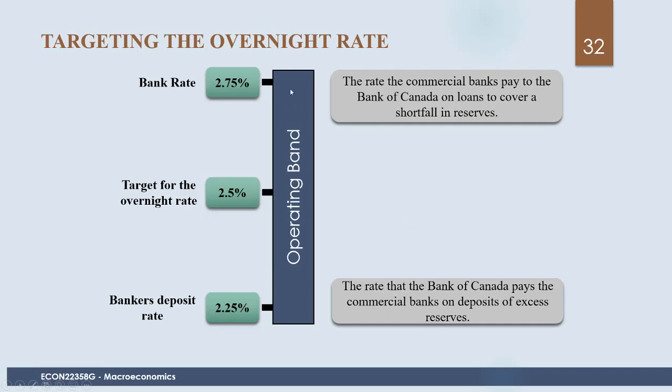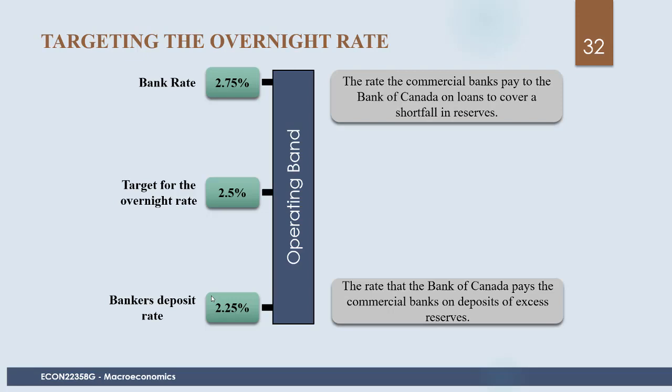They basically confine the overnight market into this operating band, and the commercial banks trade with each other in this band. If it starts getting up maybe towards the bank rate or towards the banker's deposit rate, then the Bank of Canada will use open market operations to bump it back to the target, right?